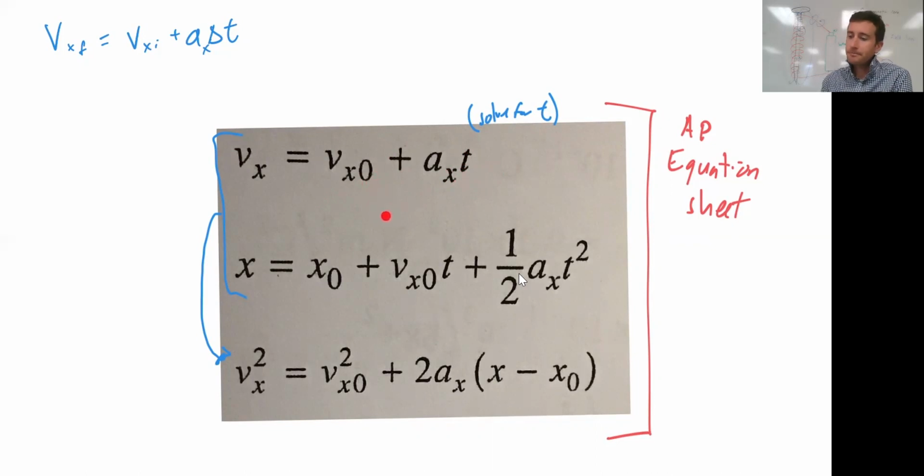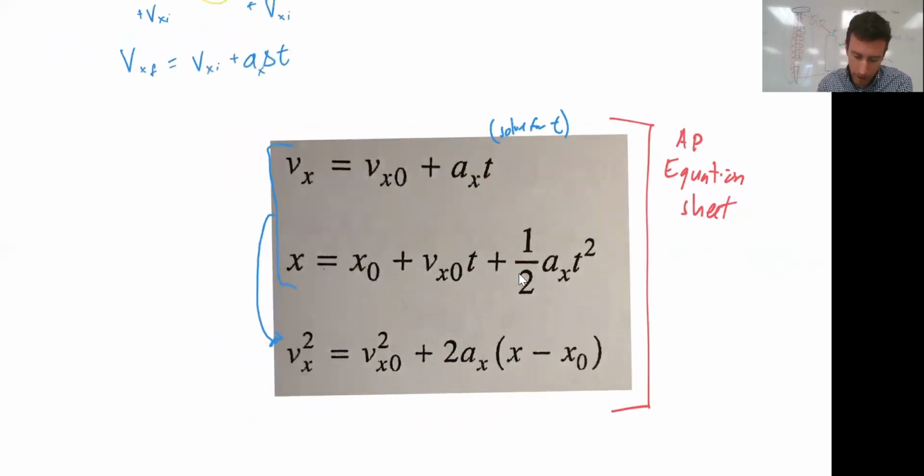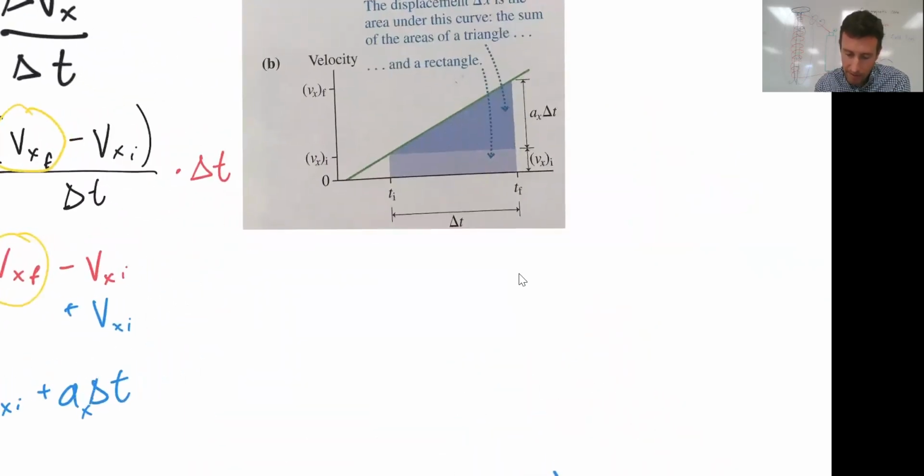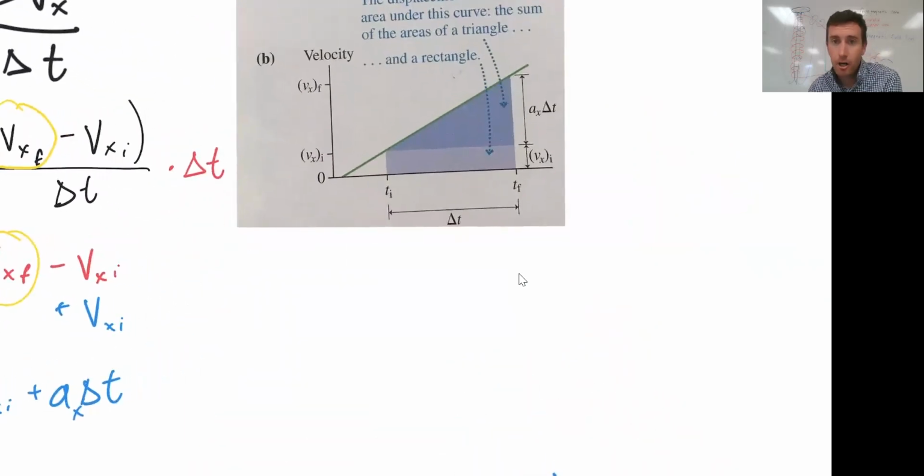Okay, so the first equation solves for the velocity if I know the starting velocity and the acceleration and the time that I was accelerating for. So this is assuming a constant acceleration. The next equation right here is based off of taking a look at a graph, here you go, of the area under the velocity curve.